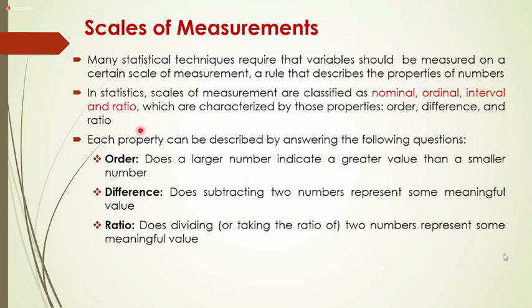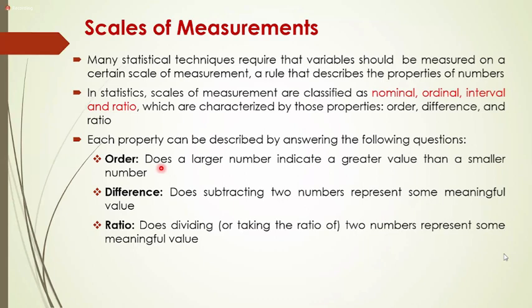Right? So now we are talking about the scales of measurements in the context of statistics. Now we look at each and every property. Each property can be described by answering the following questions. First property is order.